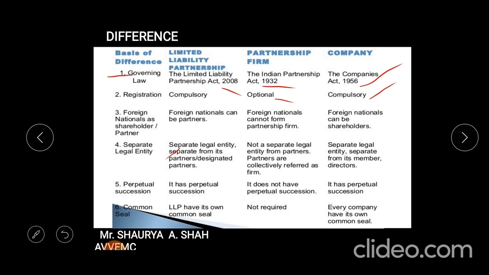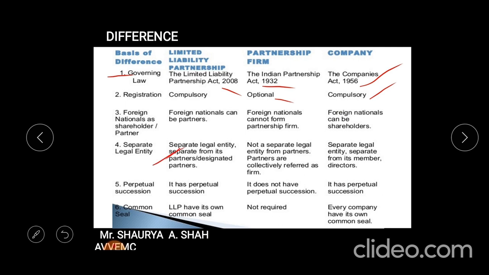So you need to see that in two forms, generally LLP and company, because LLP is only the hybrid version of partnership and company. So the majority of the benefits which you are getting in company, you will also get in LLP. Again, separate entity. LLP has a separate legal entity.